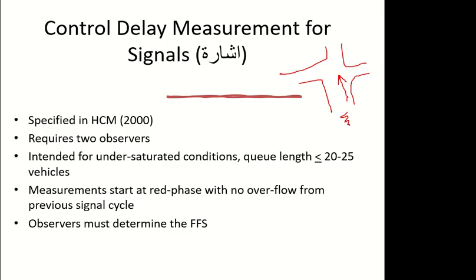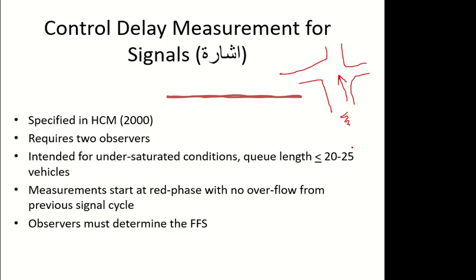So I can do it at any other point on the same highway. The free flow speed is considered valid for all points on the same highway as long as the design is the same. So it doesn't matter whether you are doing it at the intersection or some other point. The same speed which you found at some other point can be taken for the intersection. No problem with that.